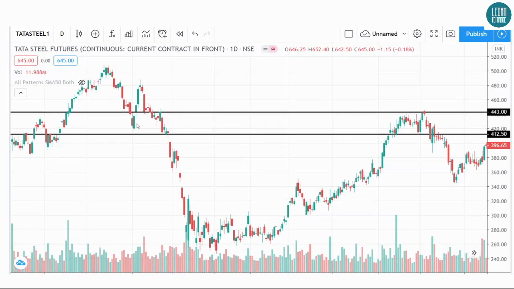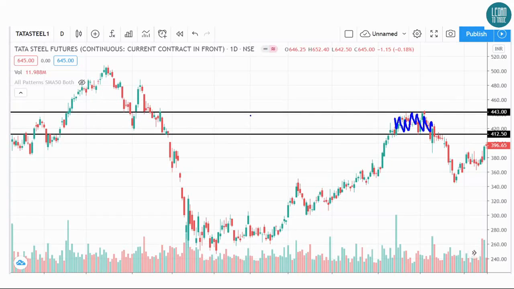I have just minimized and zoomed out this chart. So look at the location. This is the same balanced auction which I showed in the previous slide.